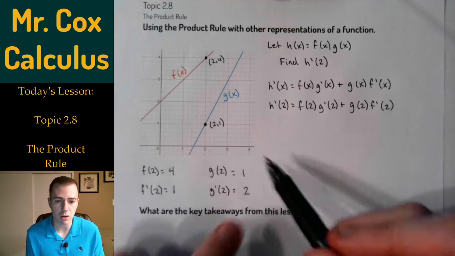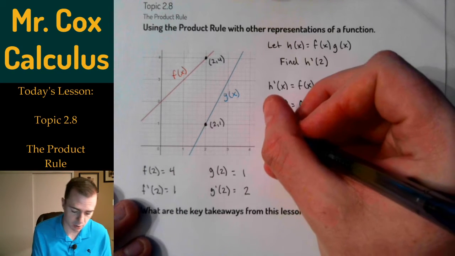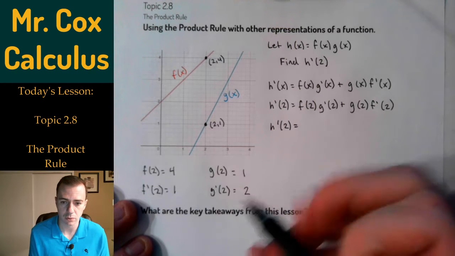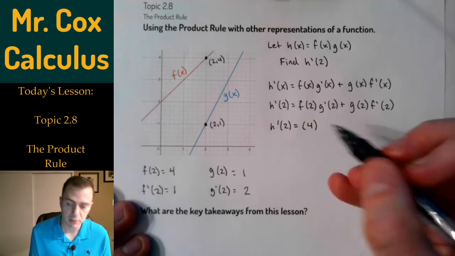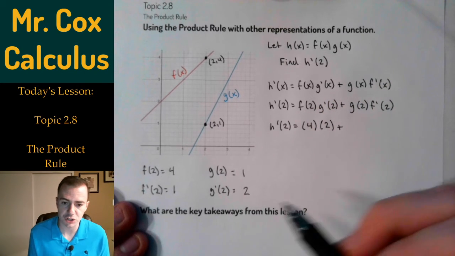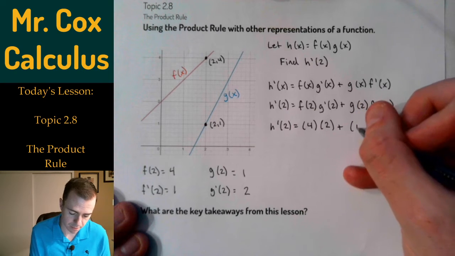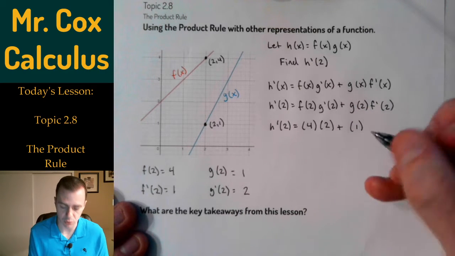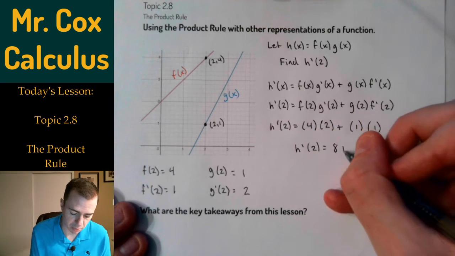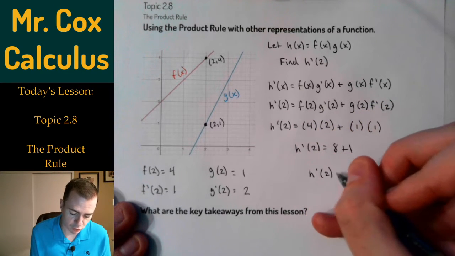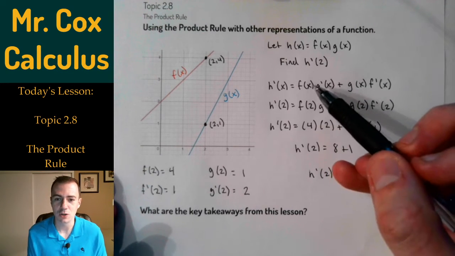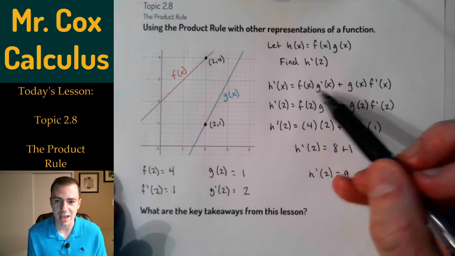And now I've got all the values I need to go back here and say, okay, h prime of 2 is equal to f of 2, which we said was 4, times g prime of 2, which we said was 2, plus g of 2, which is 1, and f prime of 2, which was also 1. And so h prime of 2 comes out to be 8 plus 1, or h prime of 2 is equal to 9.